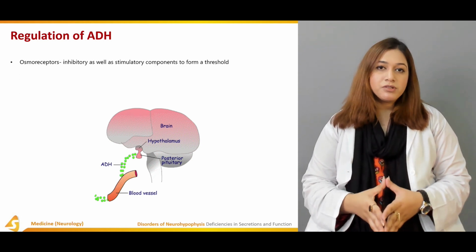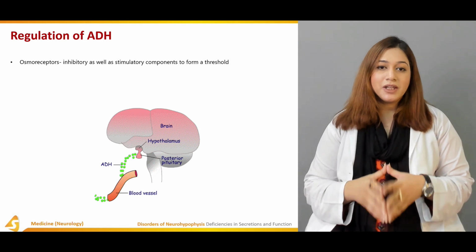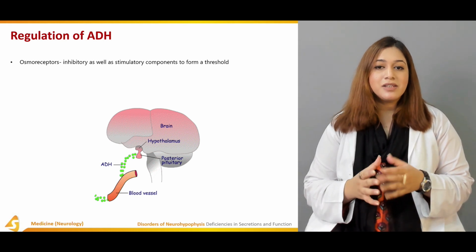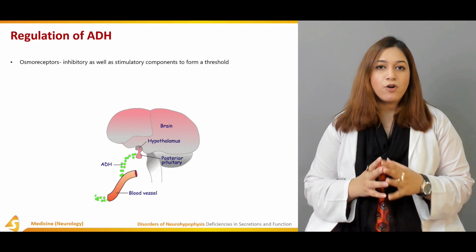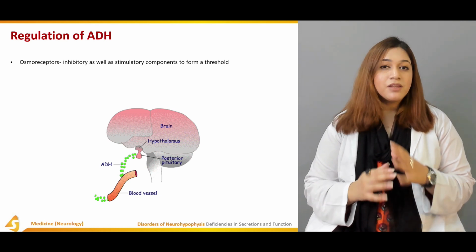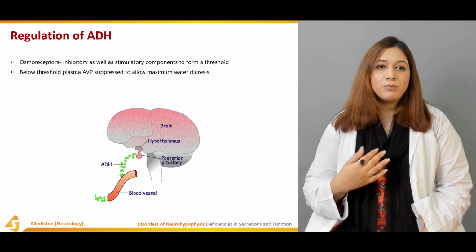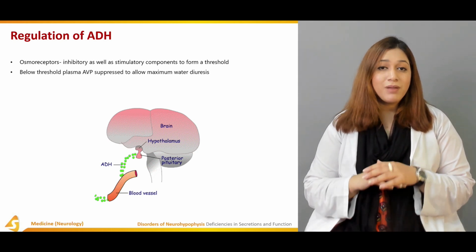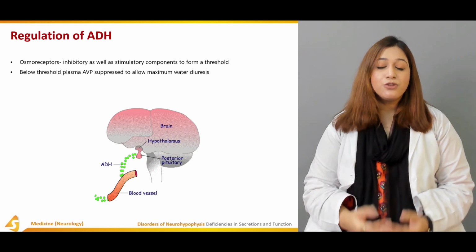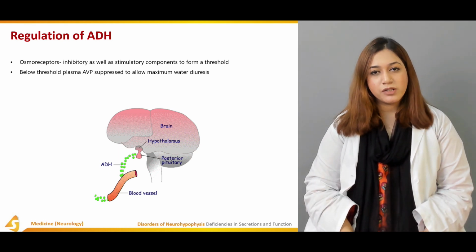Now, osmoreceptors contain both inhibitory as well as stimulatory components to form a threshold. And that threshold is very important. Below the threshold, plasma AVP is suppressed to allow maximum water diuresis.